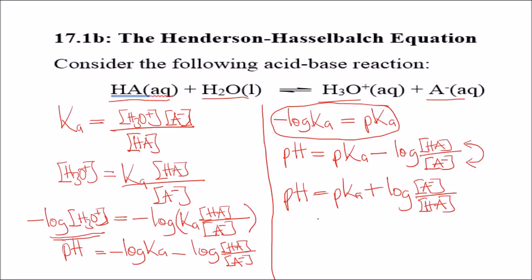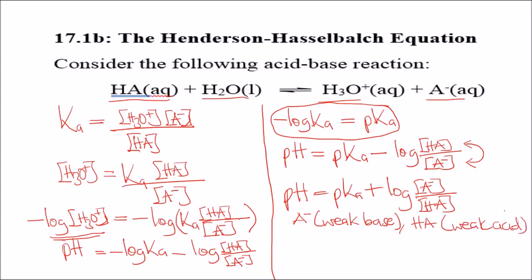So A minus stands for a weak base, while HA stands for a weak acid.